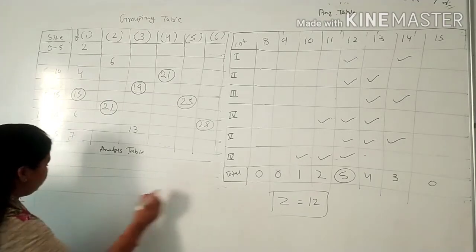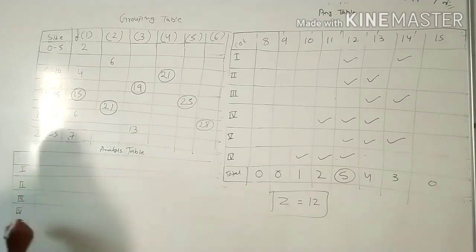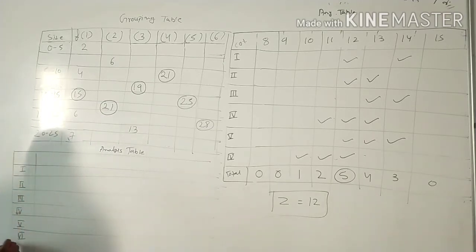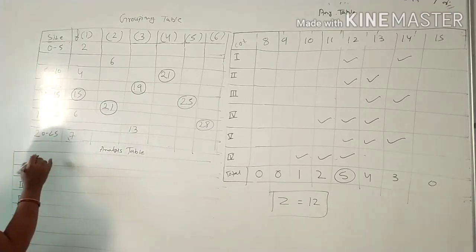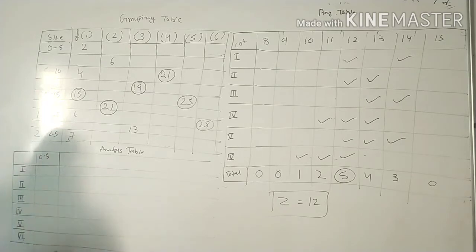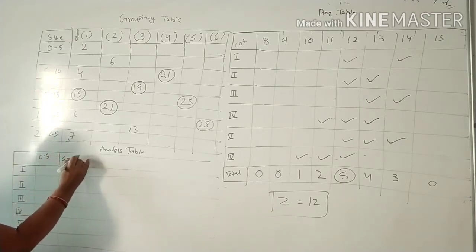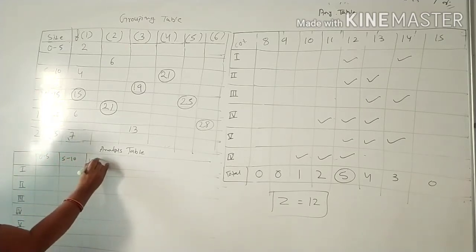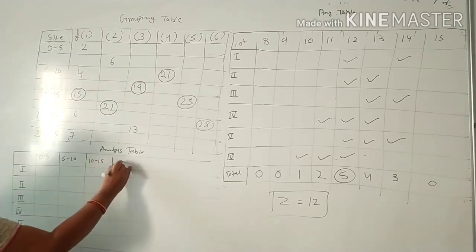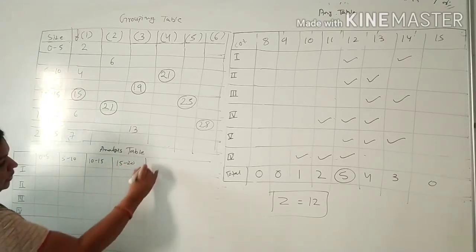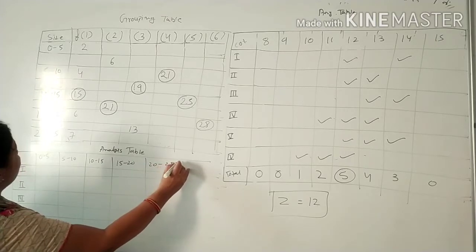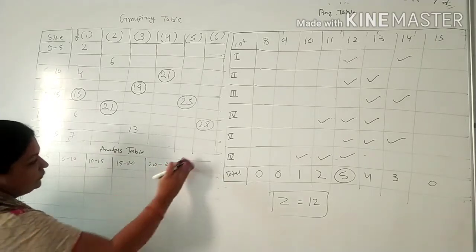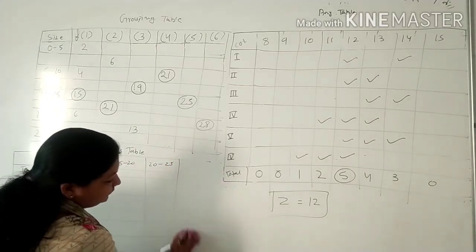Now you just have to tick mark which one is the highest frequency, as you do in the discrete series only. So first is 0 to 5, 5 to 10, 10 to 15, 15 to 20, 20 to 25 is the last one. Fine. So no need of this.